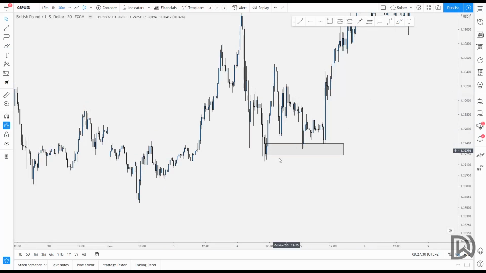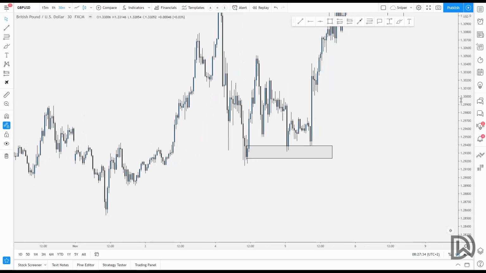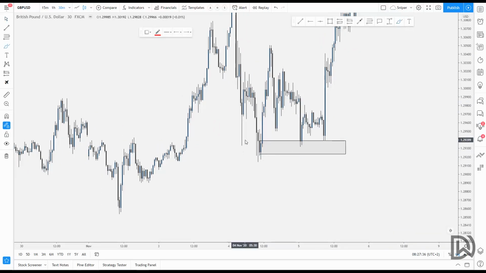Okay, here we have an example of a bullish order block. Let me just zoom in a bit. We have the down candle over there, followed by two up candles covering the range of that candle. So that is our order block. Now we can see how price pushes up above it.